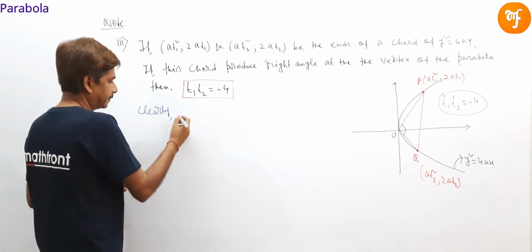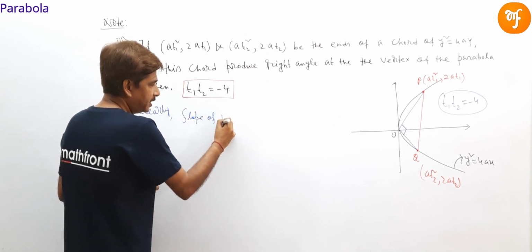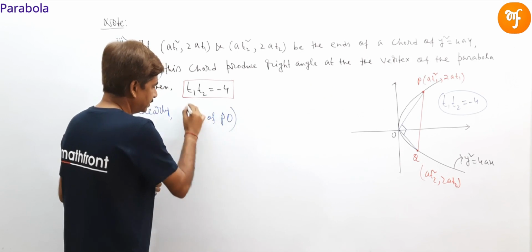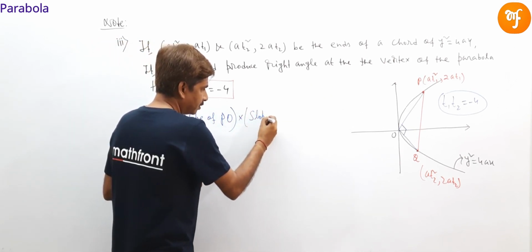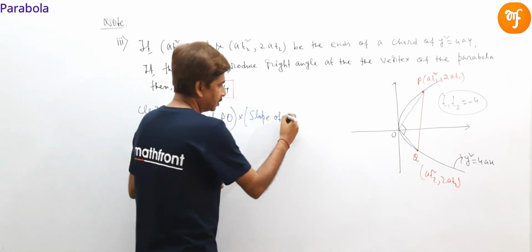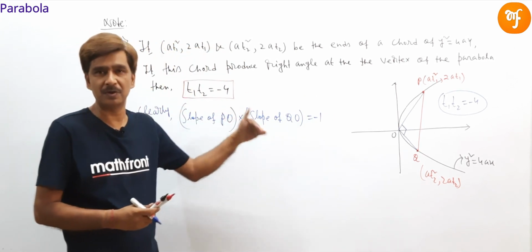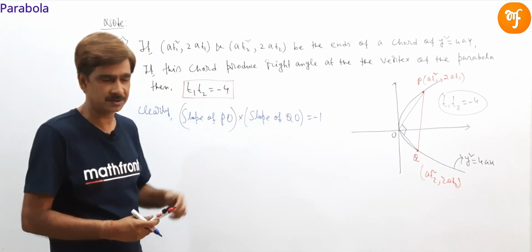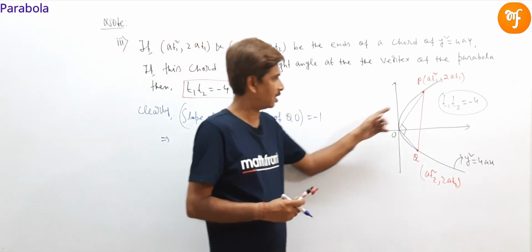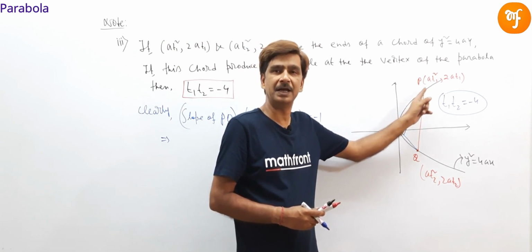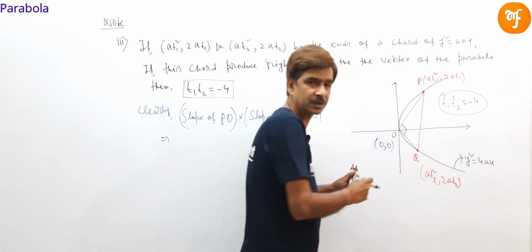Clearly, slope of PO into slope of QO is equal to minus 1, as PO and OQ are perpendicular by the given conditions. So let's calculate the slope of PO. The ends of PO are (at1², 2at1) and (0, 0), as the origin has coordinate (0, 0).